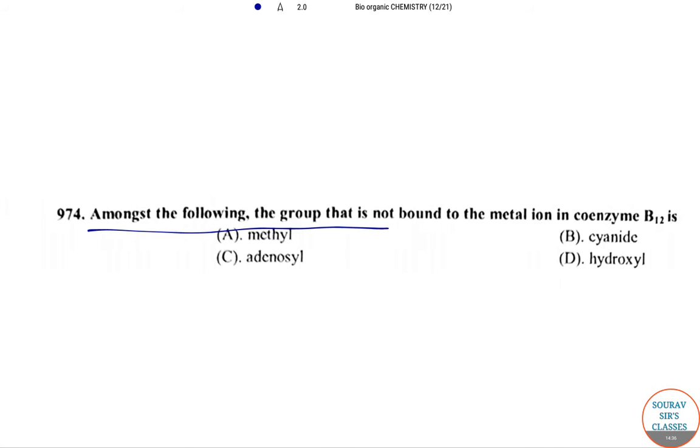Amongst the following, the group that is not bound to the metal ion in coenzyme B12 is which one?